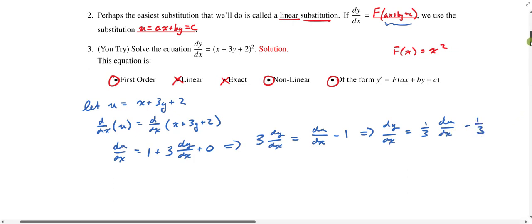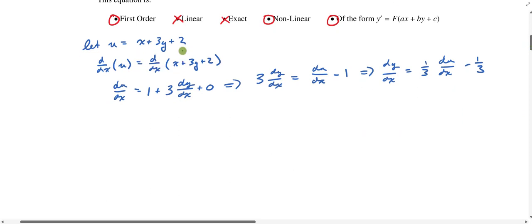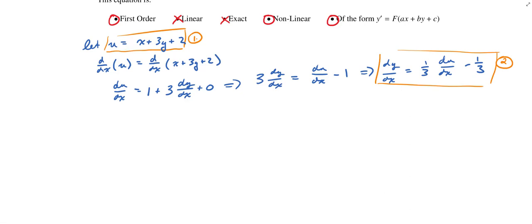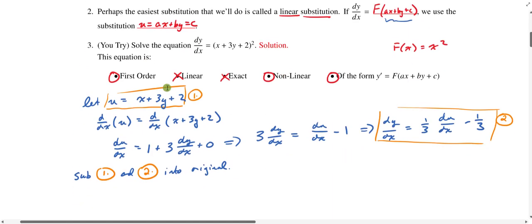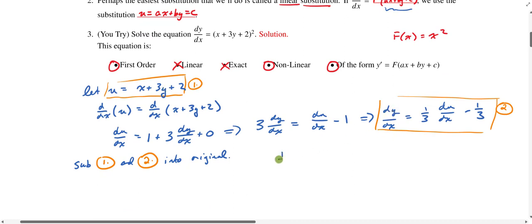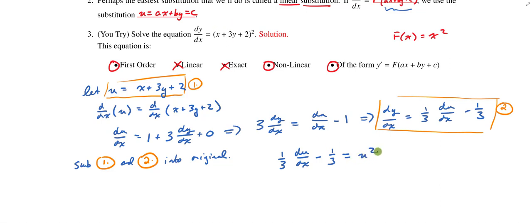Now I'm going to substitute. Let's number these: we'll call this statement 1 and this statement 2, and substitute this into the original ODE. In place of dy dx, I'll write 1/3 du dx minus 1/3 equals the right-hand side, but we've replaced that linear expression with u, so I just get u squared.